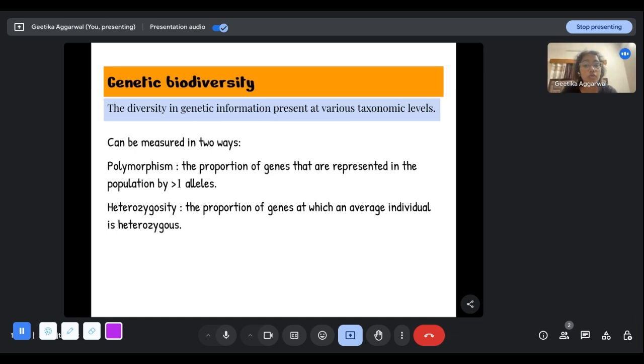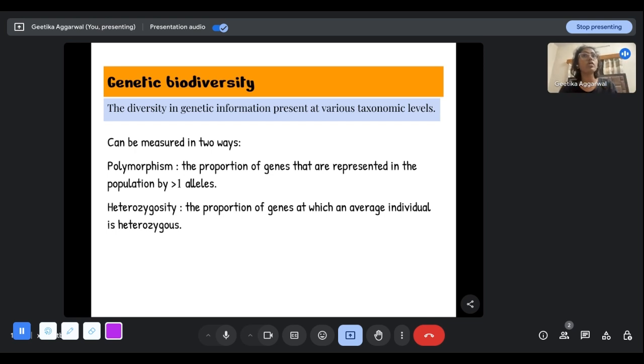Then there is something called heterozygosity. Heterozygosity is the proportion of genes at which an average individual is heterozygous. So, if you're talking about one average individual in that species, or if you've looked at all the individuals in a species and you take the average of the proportion of genes at which an individual is heterozygous. For example, you could be homozygous at a particular gene, as we have discussed.